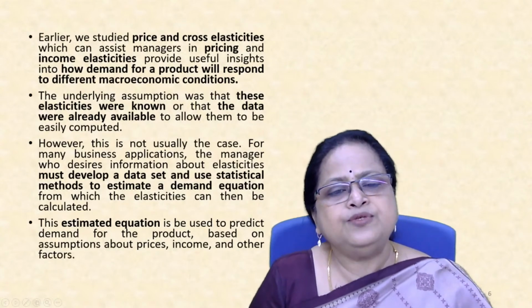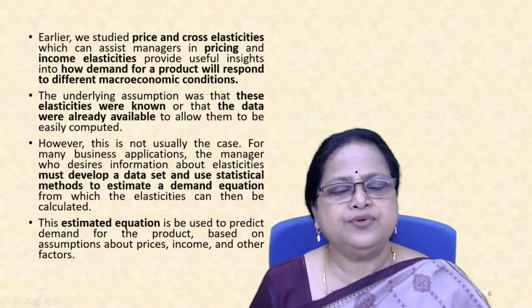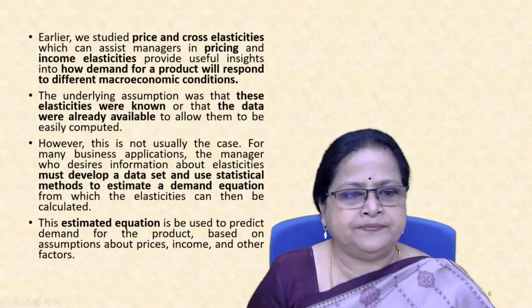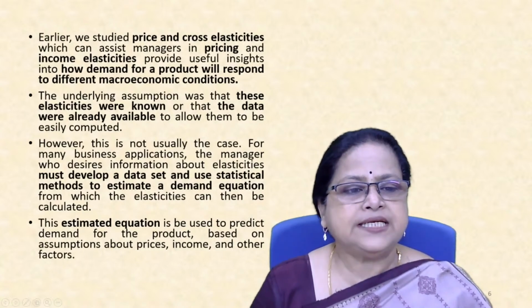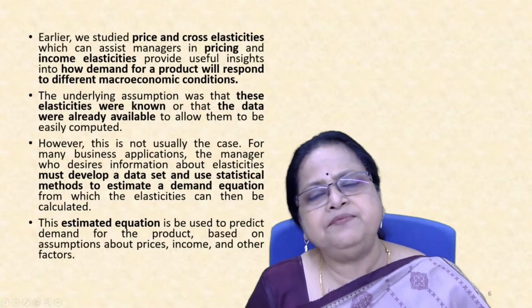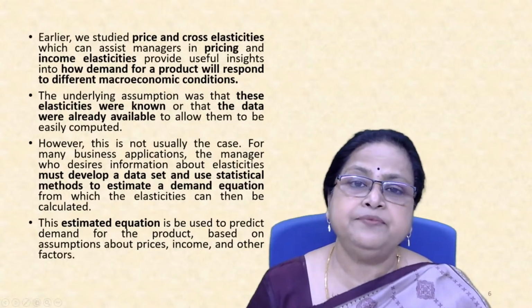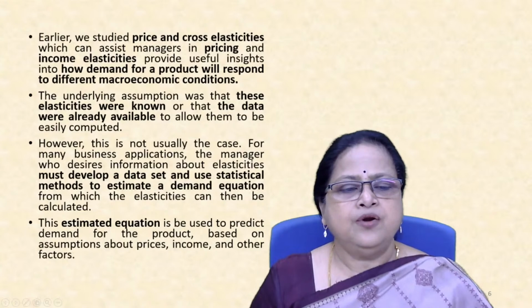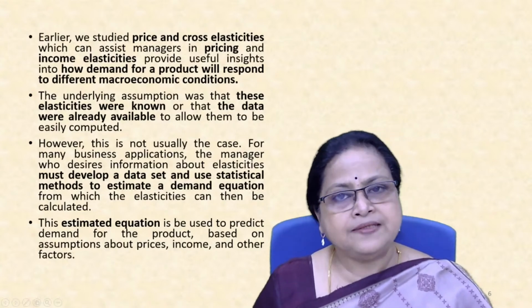But usually this is not the case. For many business applications, the manager who desires information about elasticities must develop a data set and use statistical methods to estimate a demand equation from which the elasticities can then be calculated. This estimated equation is used to predict demand for the product based on assumptions about prices, income, and other factors.